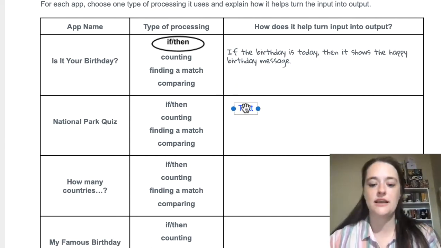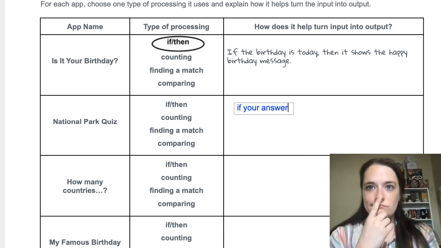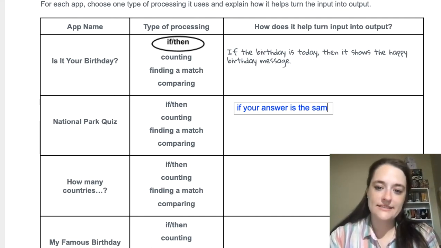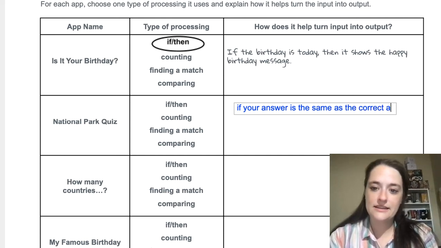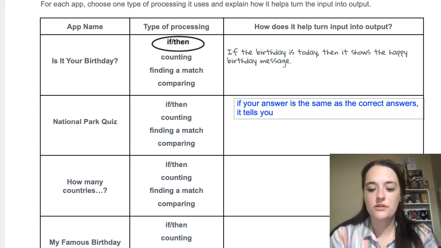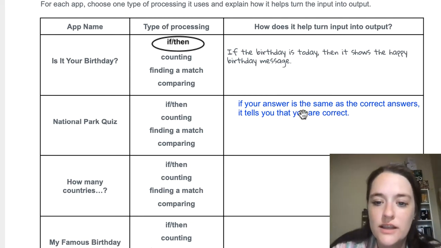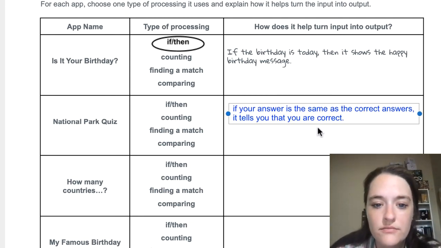I'll put in some text. If your answer is the same as the correct answer, it tells you that you are correct. All right, so in this statement, what are we doing?